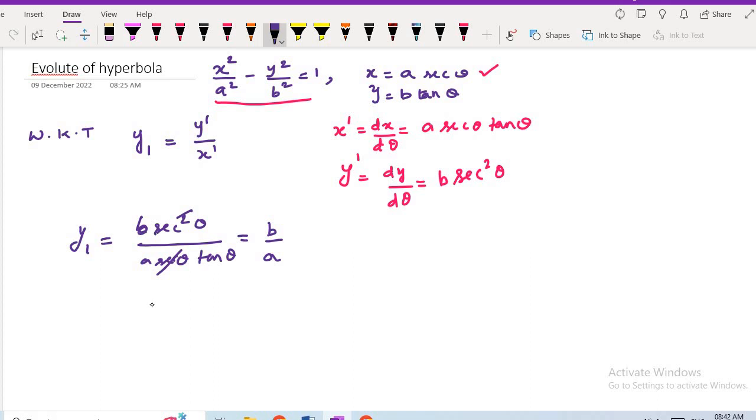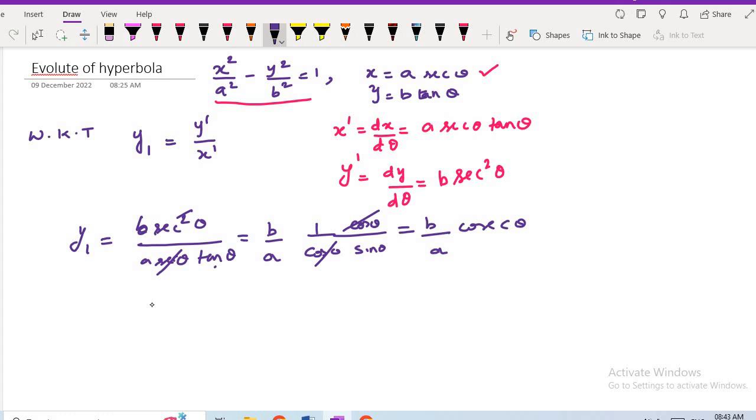Secant theta can be written as 1 divided by cos theta, and then tan theta can be written as sin theta divided by cos theta. So the denominator goes to the numerator. We are getting this, and this cancels. We are getting b by a into cosecant theta. Okay, so this is our y1 value.